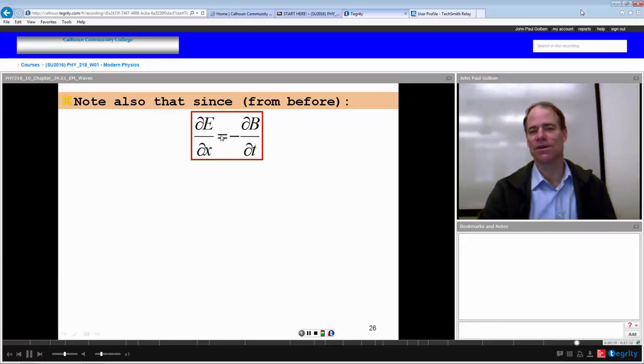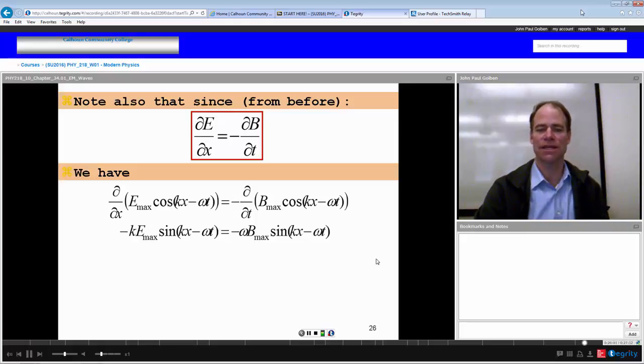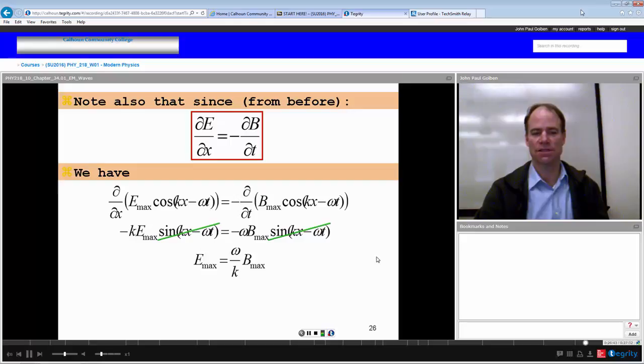Note also, if we have the partial derivative of the electric field with respect to x equal to a negative partial derivative of the magnetic field with respect to time, putting in our wave functions and evaluating our partial derivatives, we have negative k E max sine of kx minus omega t equals negative omega B max sine of kx minus omega t. Get rid of the sine functions.